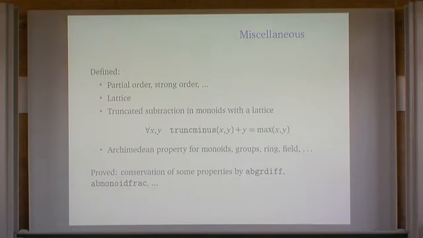When we are in a monoid, then I have a general definition for a truncated minus, a general characterization, which is really useful for many proofs. And there is also a definition of the Archimedean property in each of these structures.